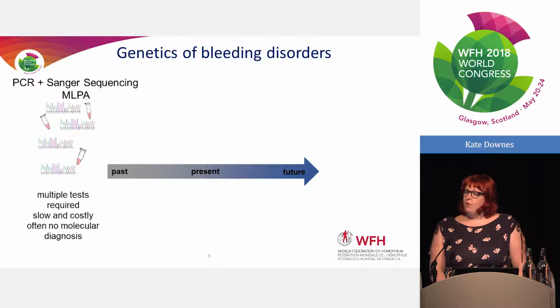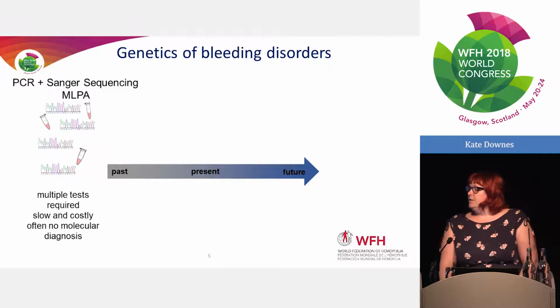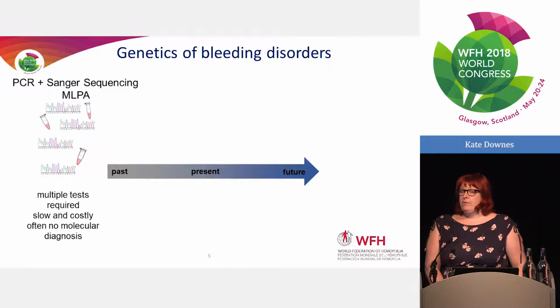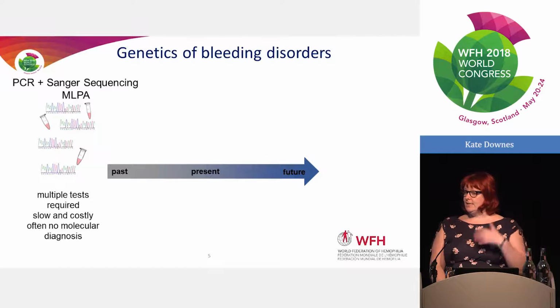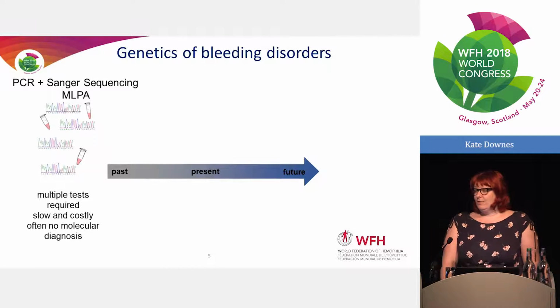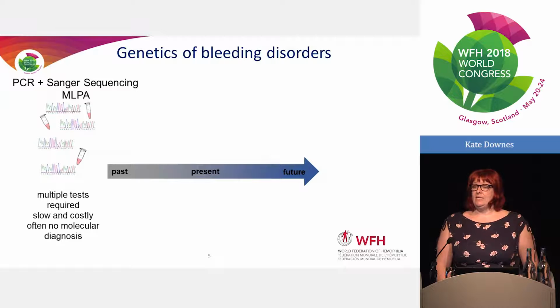And of course, if you've got one of these disorders where multiple genes could be responsible, then testing using PCR and Sanger sequencing is often a stepwise process where you're bleeding a patient perhaps multiple times, and often these tests are really not available. And so we've tried to move away from this for some of these disorders where we have more than one gene.